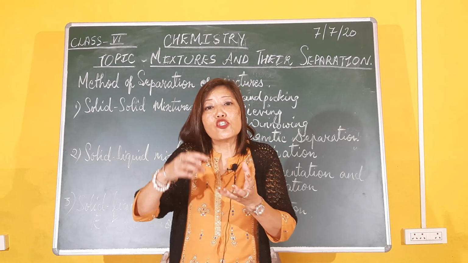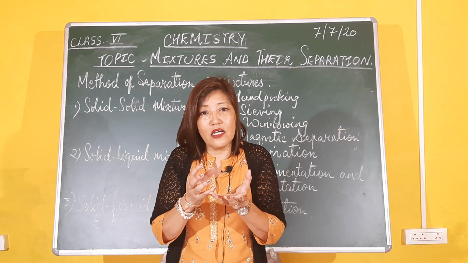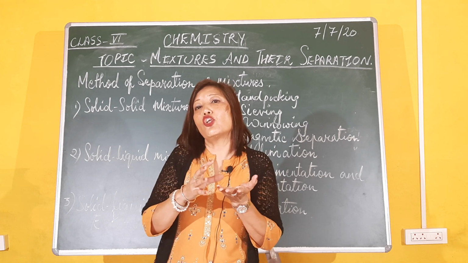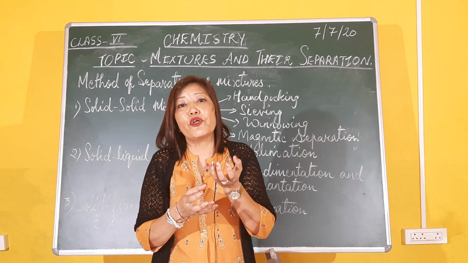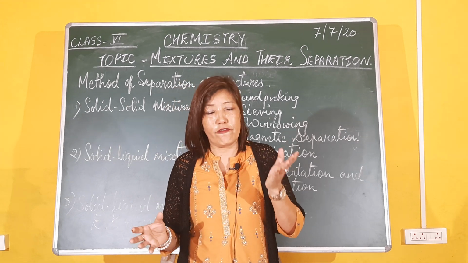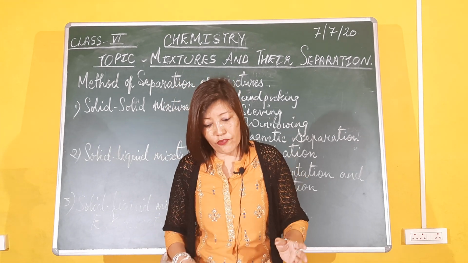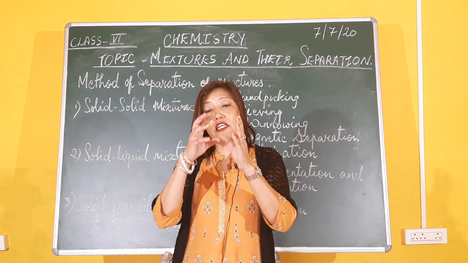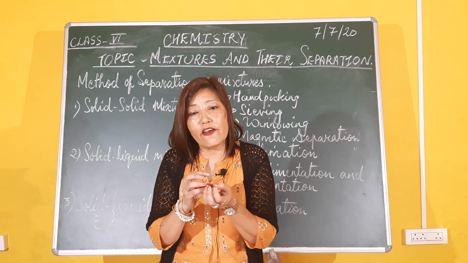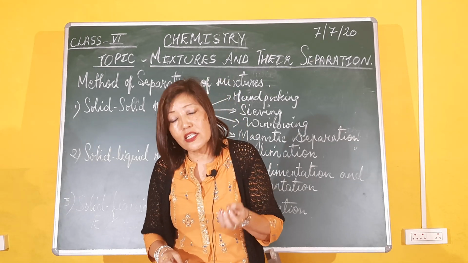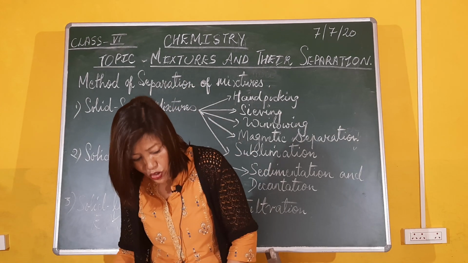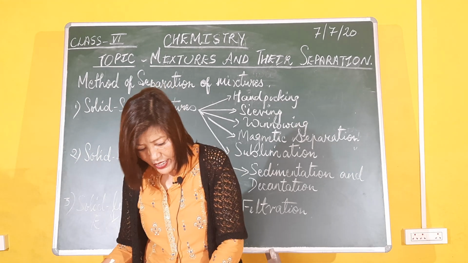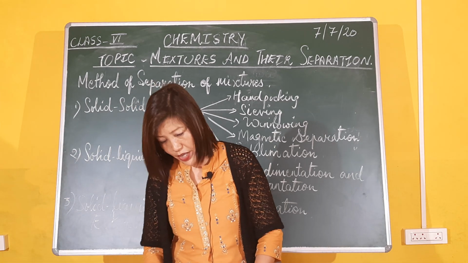The mixture is put on a filter, and the insoluble solid particles are left on the filter and the clear liquid can easily pass through that filter. That is the process of filtration, and the insoluble particles which are left on the filter are called residue, and the clear liquid that passed through the filter is called filtrate.